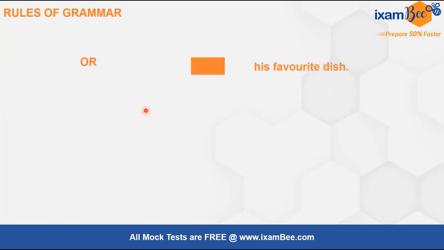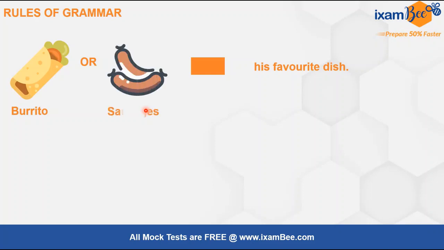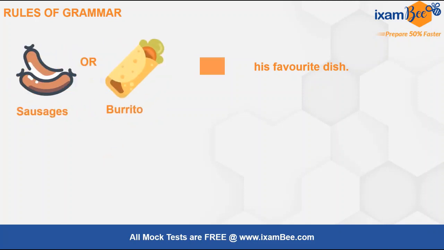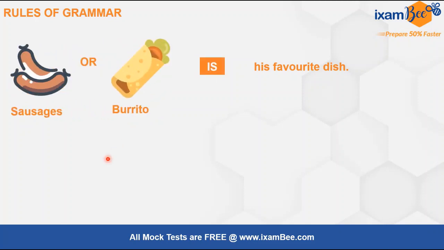Okay, for example, when we say burrito or sausages are his favorite dish, all right, but when we'll say sausages or burrito is his favorite dish will come in that case. All right, so the verb will always agree to the nearer part of the subject where it is combined, and the subject has both sausages and burrito, that is plural as well as singular.